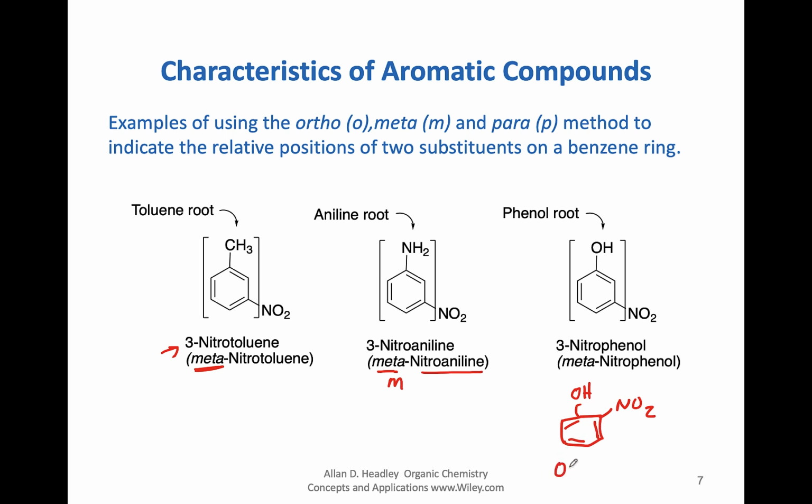So it's O-nitrophenol. So again, you should be able to apply the concepts that we have looked at in the previous slide in terms of the ortho, meta, and para system of describing the relationships between two substituents on a ring.